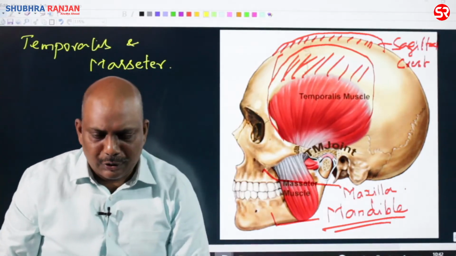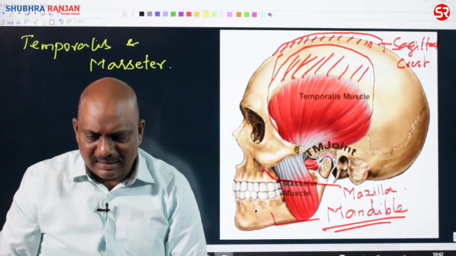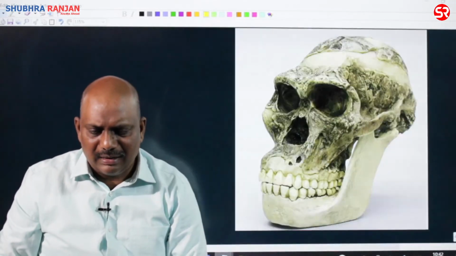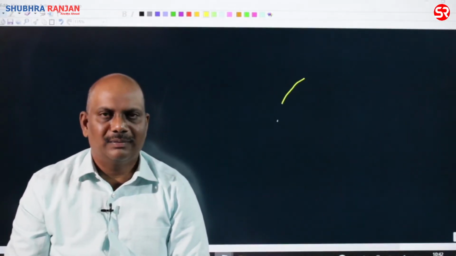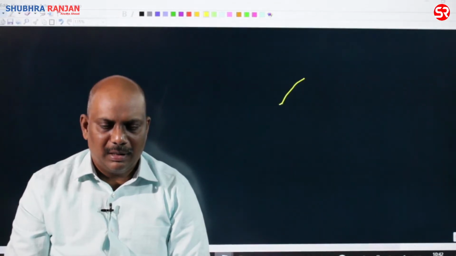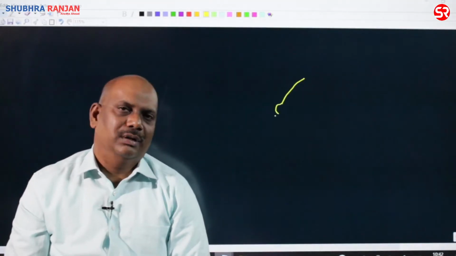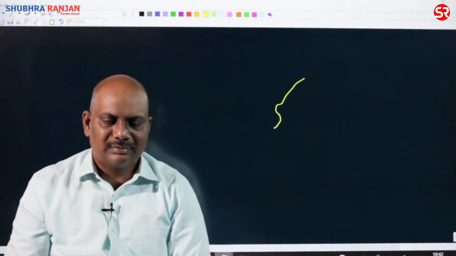Now I will also show you how to draw a skull. In practice this will become very easy, and you will be in a position to draw this in a matter of 10 seconds. You start from the forehead. This is the forehead. After the forehead, there will be a thick bulging bone for most of the apes. Then orbits.